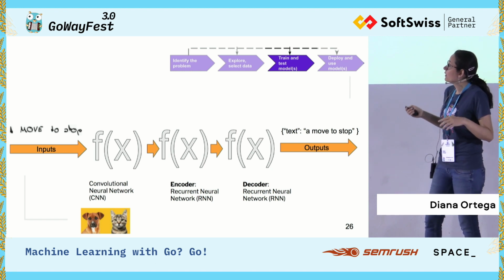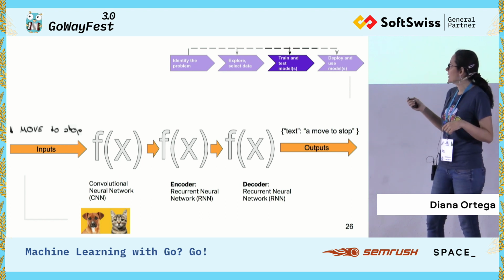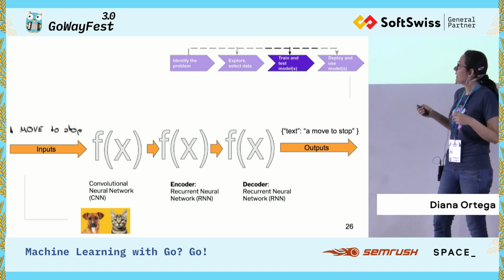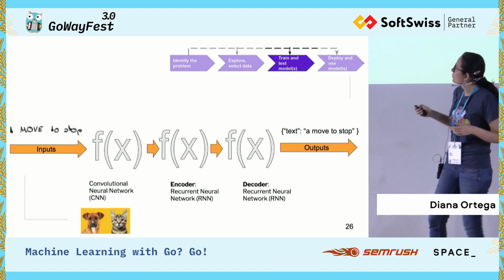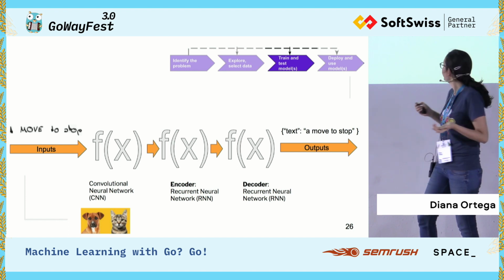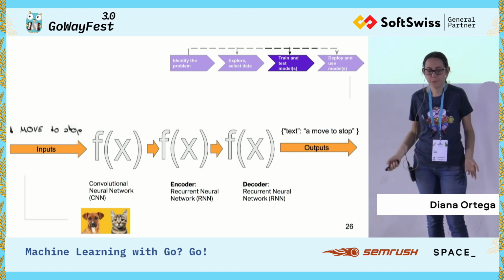But instead of detecting if it's a cat or a dog, we are going to pass the output of this neural network to another neural network that has a more complex architecture, a recurrent neural network, and we are going to call it the encoder. And the output is going to pass to another neural network that has a similar architecture, and we are going to call that the decoder. So let's try to implement that in Go.